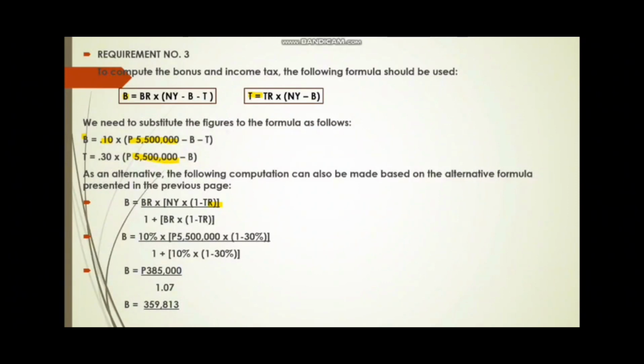So, substituting, 10% times 5,500,000 times 1 minus 30%, over 1 plus 10% times 1 minus 30%. The answer is 385,000 over 1.07. B is equal to 359,813.